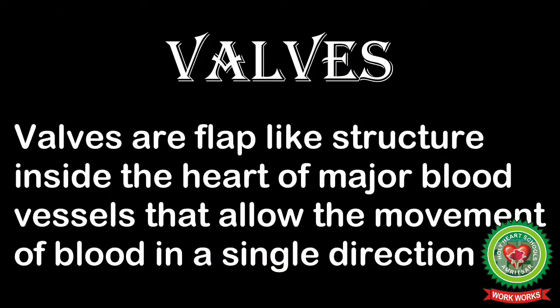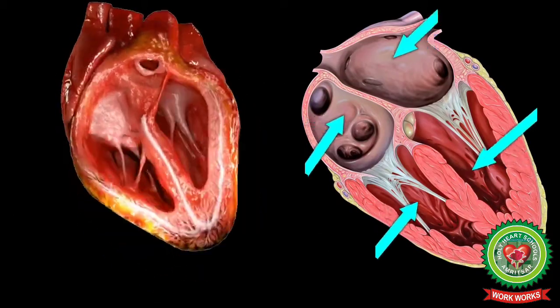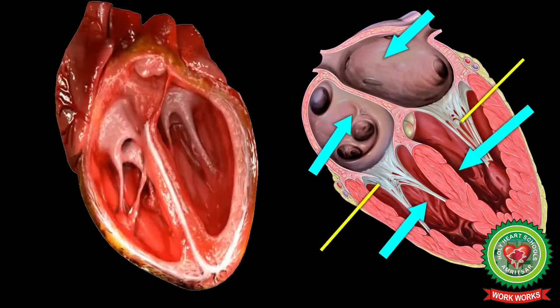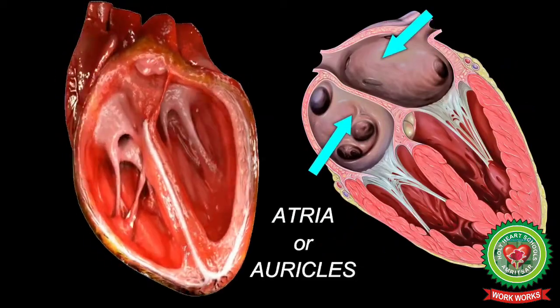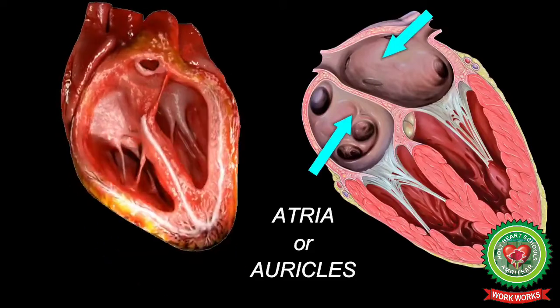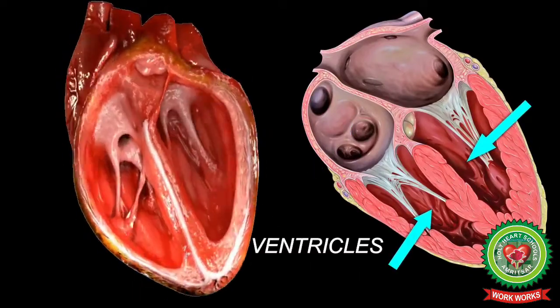Students, valves are flap-like structures inside the heart or major blood vessels that allow the movement of blood in a single direction. So, heart is divided into 4 chambers by the valves, and upper 2 chambers are called atria or auricles and the lower 2 chambers are called ventricles.